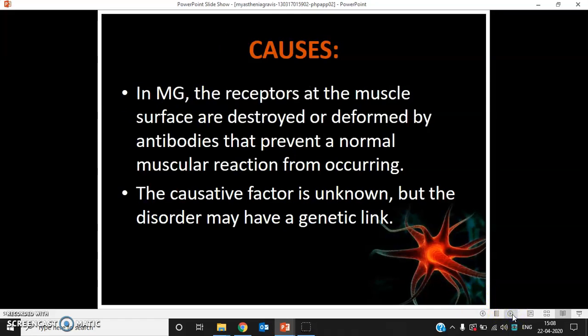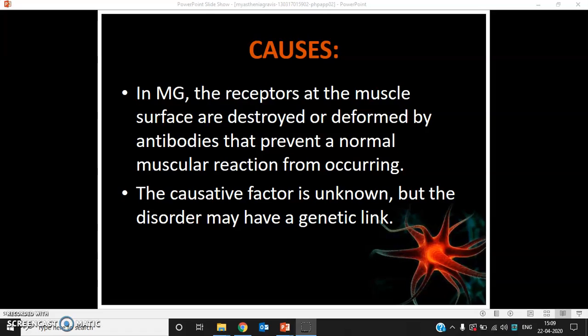In myasthenia gravis, the receptors at the muscle surface are destroyed or deformed by antibodies that prevent a normal muscular reaction from occurring. What will happen is that the receptor sites, meaning the signals we receive, on the muscle surface are destroyed due to the antibody reaction.